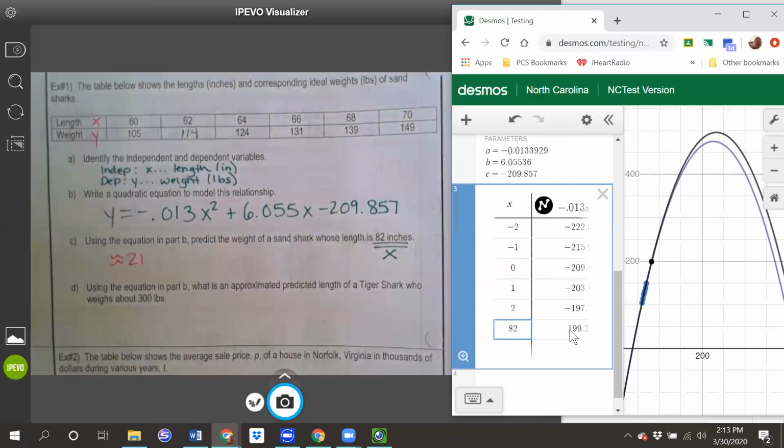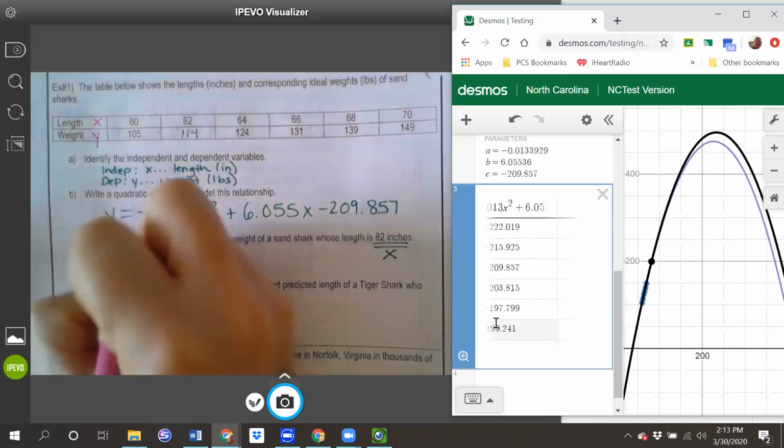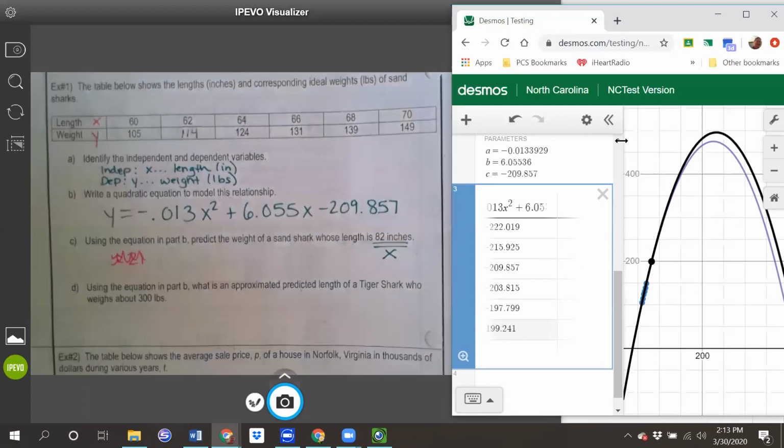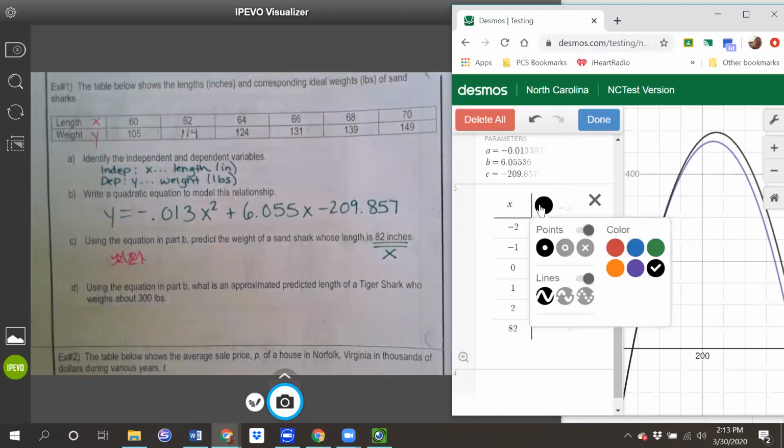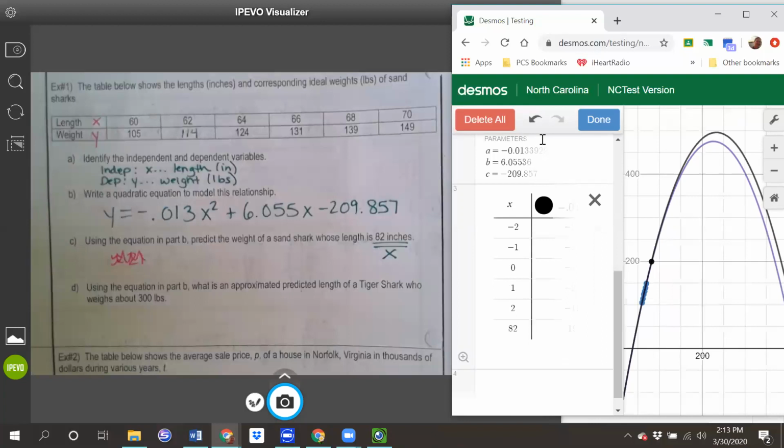Where did I get 219 from? Hold on. I have it written in my notes differently, and I feel like I need to double check. That's not what I want.